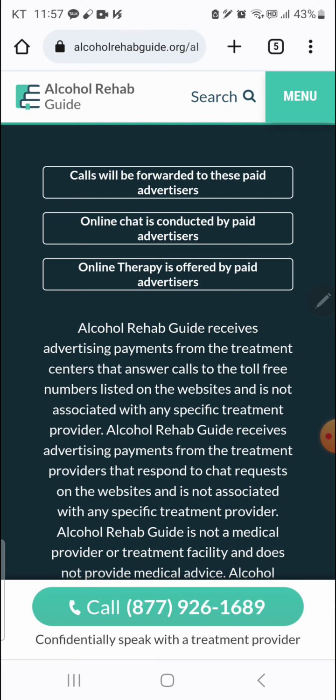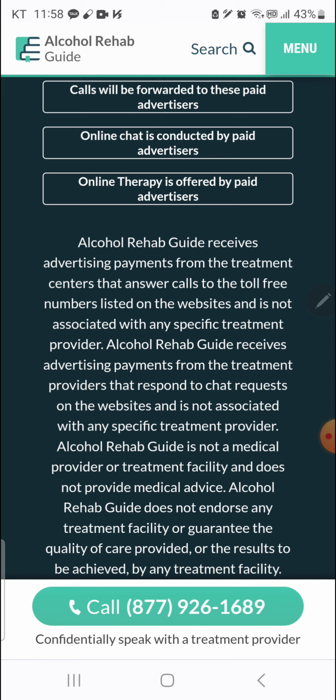Alcohol Rehab Guide receives advertising payments from the treatment centers that answer calls to the toll-free numbers listed on the websites and is not associated with any specific treatment provider. Alcohol Rehab Guide receives advertising payments from the treatment providers that respond to chat requests on the websites and is not associated with any specific treatment provider.